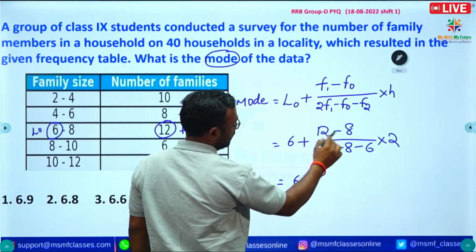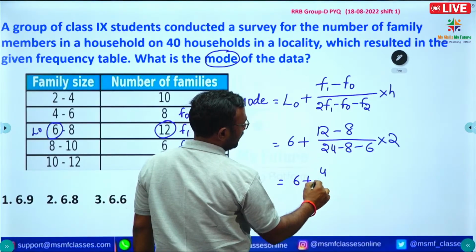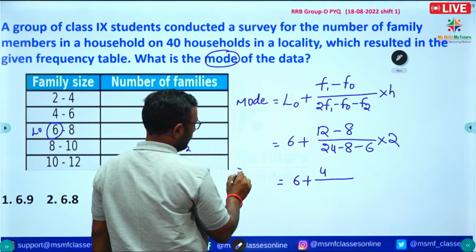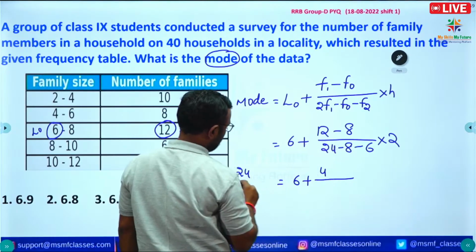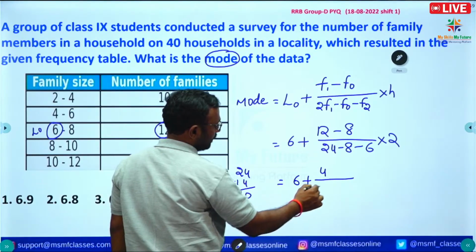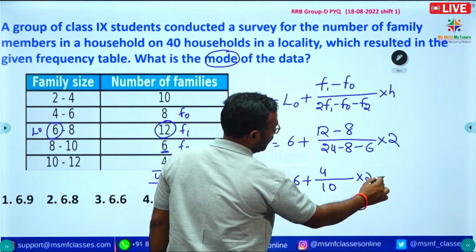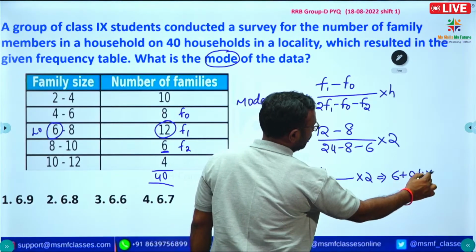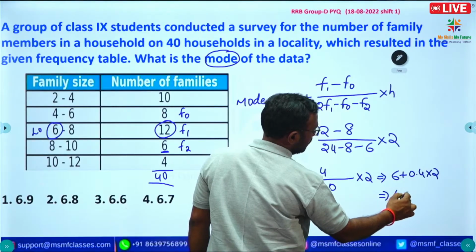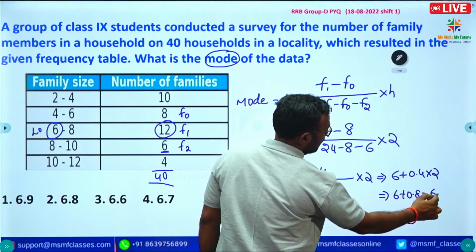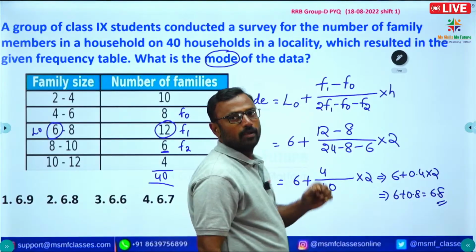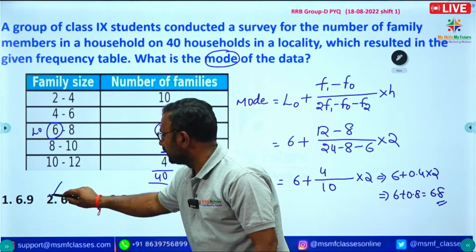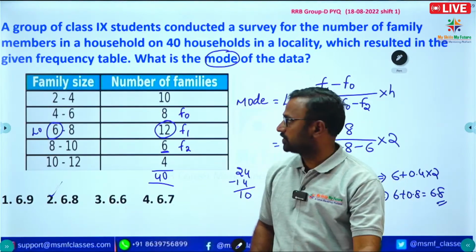So 6 plus 4 divided by 24 minus 8 minus 6, we get 10, into 2. So we get 6 plus 0.4 into 2, which is 6 plus 0.8, so 6.8 is the modal value of this data. Okay, so option 2 itself is correct. Okay, right. Next question.